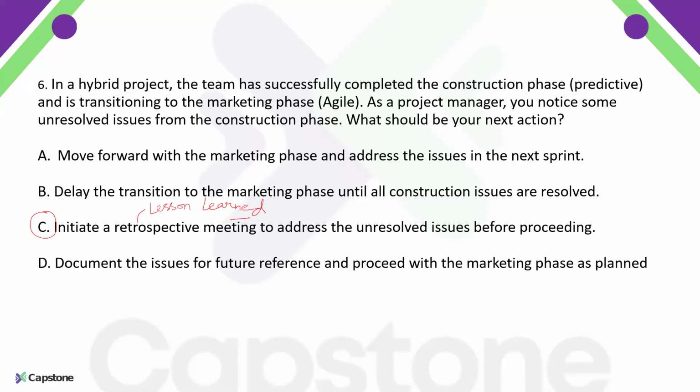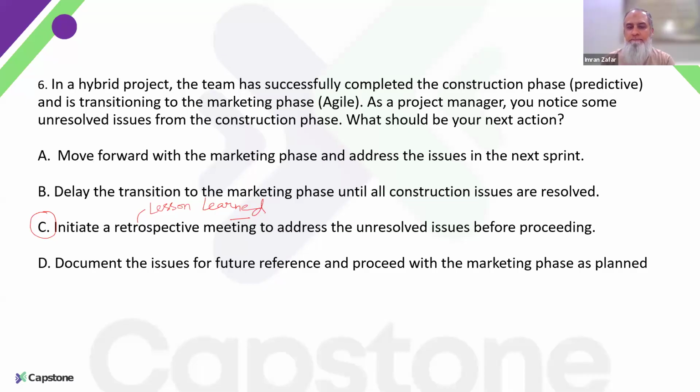Now, as we're transitioning, I think the right way is to do the retrospective. And maybe after the retrospective, we can go for option D, but we need to know the impact and severity of how it can affect the marketing campaign. Yes, that can also be an approach.